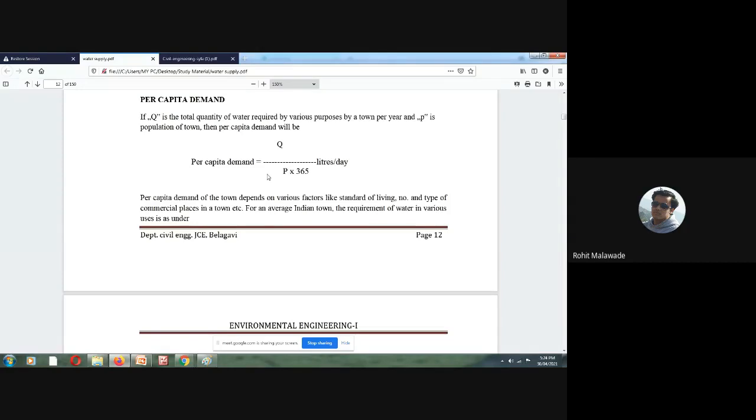P is the population of that particular town. So in this formula, Q is the quantity of water required by a town per year, and P is the population, divided by 365.